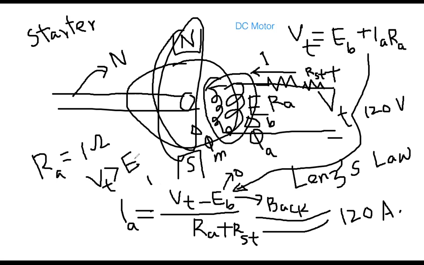EB cannot be greater than, or even equal to, VT. Because if VT equals EB, then your IA will be 0, meaning that no current is going, so again the motor will be stopped. So it is not allowed that EB will be equal to VT. Therefore, always VT is greater than EB.